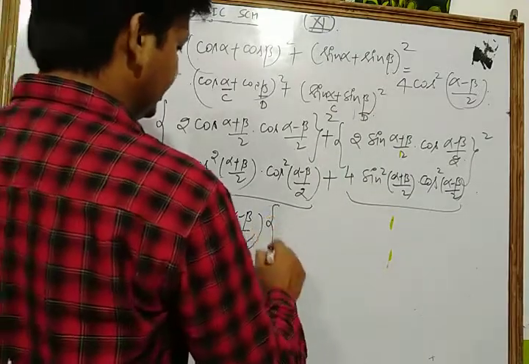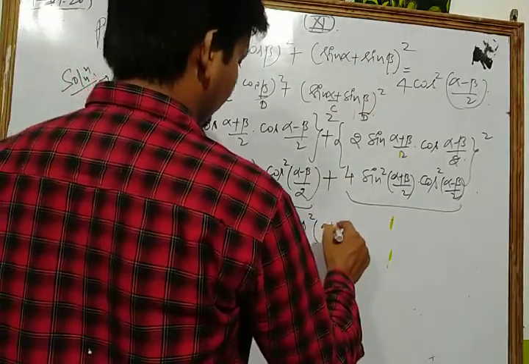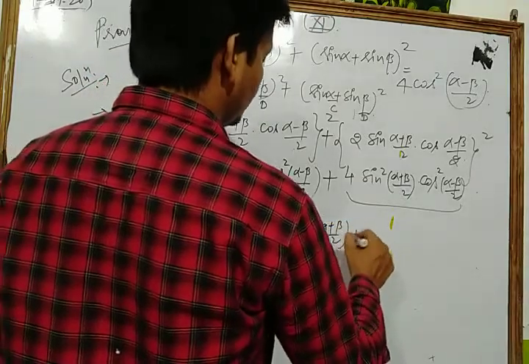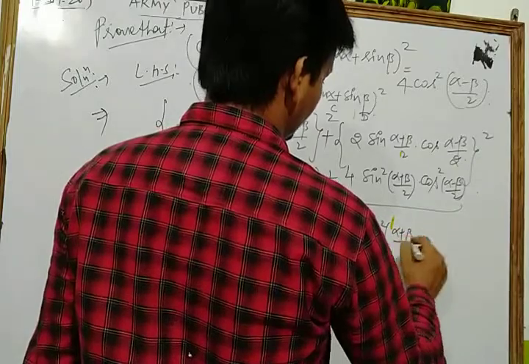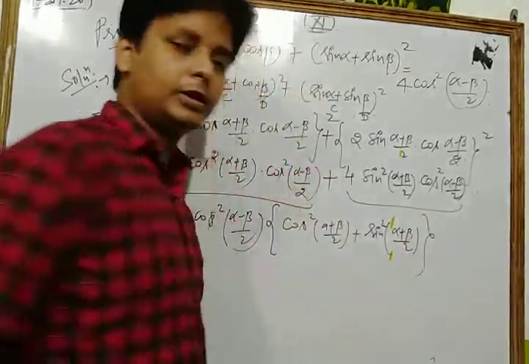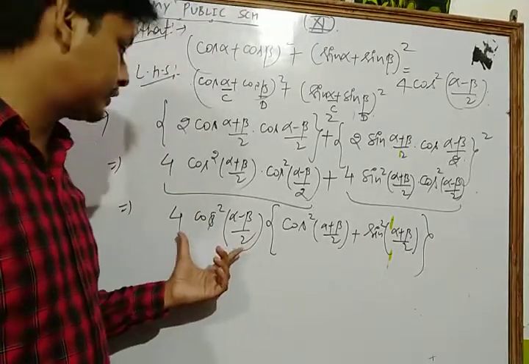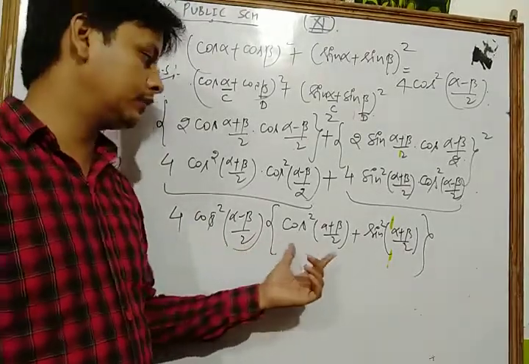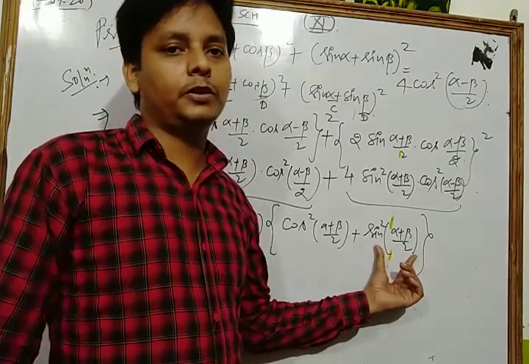Then what I get is cos square (alpha plus beta) by 2 plus sin square (alpha plus beta) by 2.